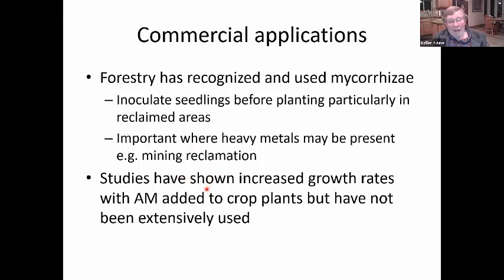There have been some studies with arbuscular mycorrhizae added to crop plants, and they've shown increased growth rates, but these haven't been extensively used. You can go out and on a lot of places on the internet, you can buy arbuscular mycorrhizae. But all our native grasses are just loaded with arbuscular mycorrhizae.